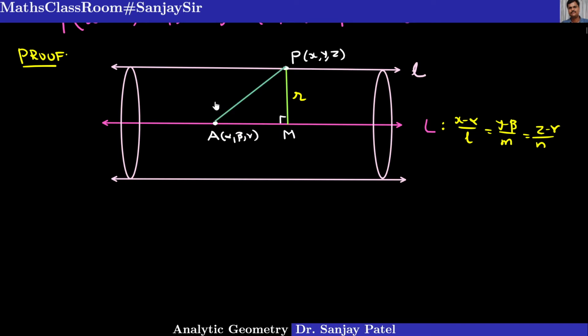Fine. So let us consider this triangle AMP, which is obviously a right angle triangle. And let us assume that the angle PAM is theta temporarily.